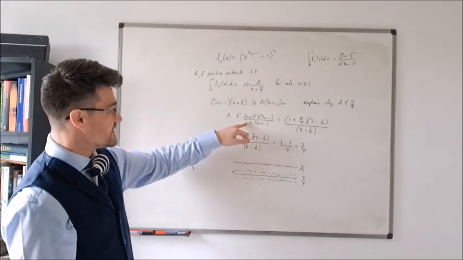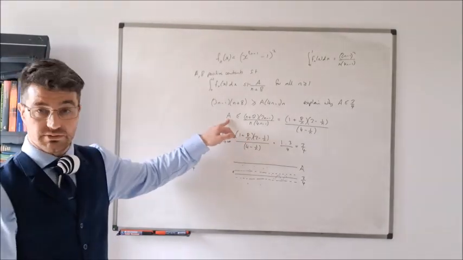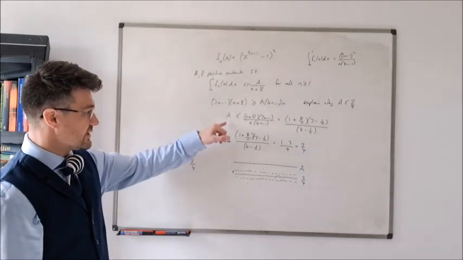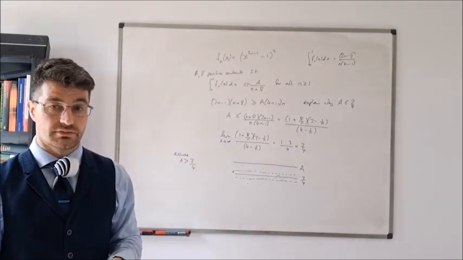Because this is saying that the terms of the sequence must always be greater than or equal to A. So if I assume that A is actually greater than 3/4, I end up with a contradiction.